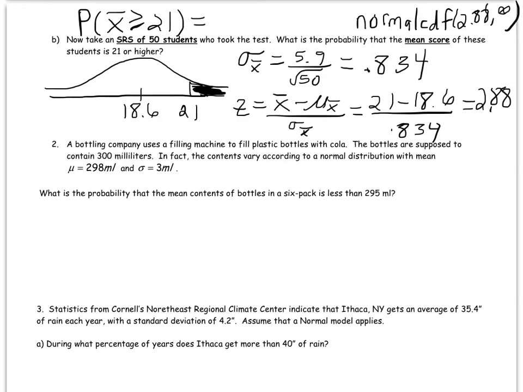That's going to be much smaller than the 34%. It's 0.002, so it's literally 0.2%. So notice there's a much lower chance, but this intuitively makes sense.